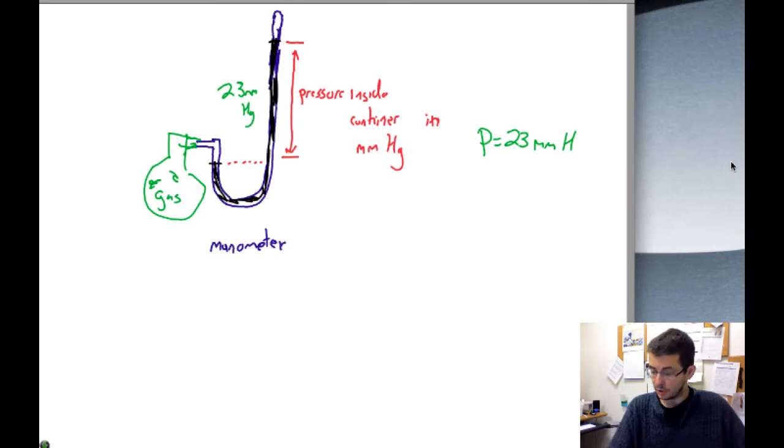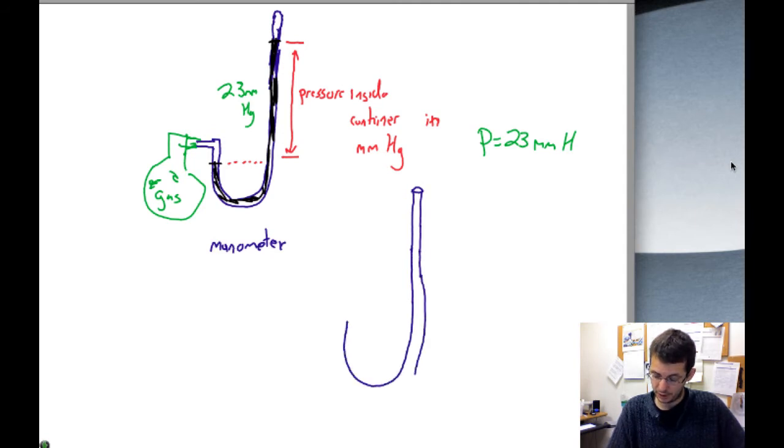Now, similar to this is the open manometer, where rather than being a sealed glass tube, it would have an open junction.